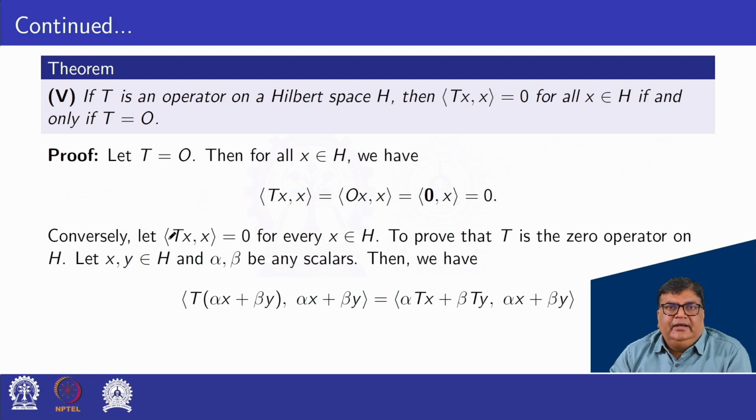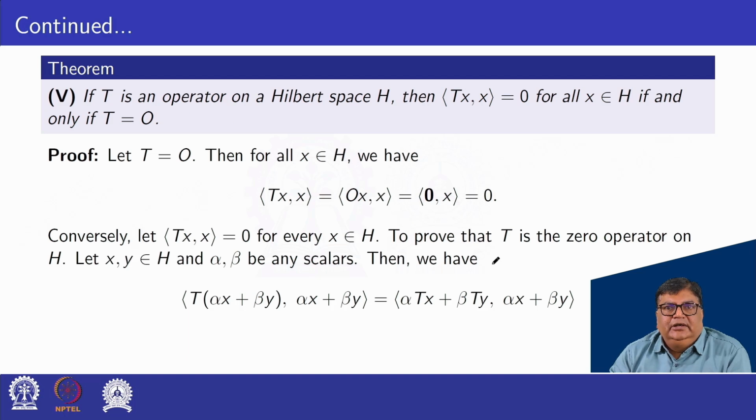Conversely, let (Tx, x) = 0 for every x belonging to H, to prove that T is the zero operator on H. Let x, y belonging to H, and alpha, beta be any scalars. Then we have (T(alpha x + beta y), alpha x + beta y).